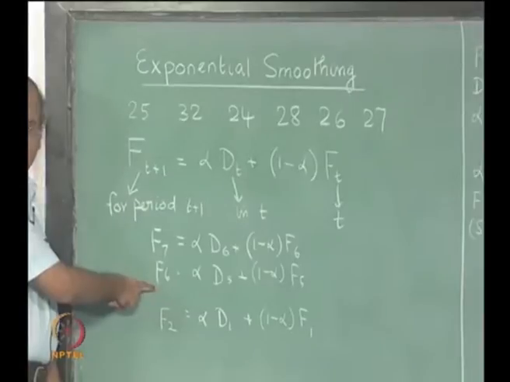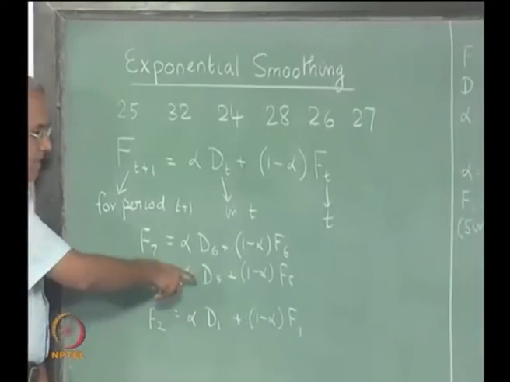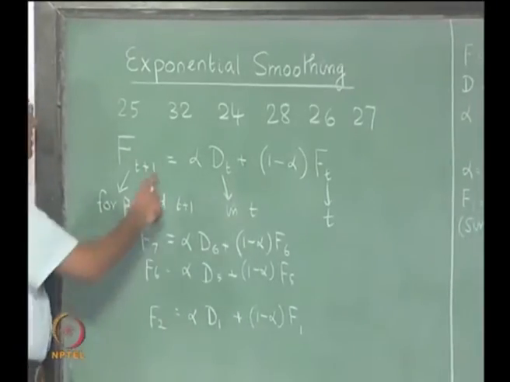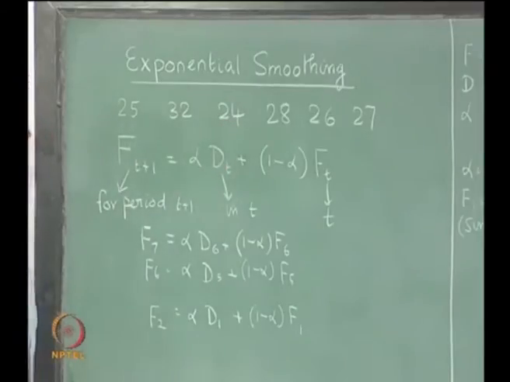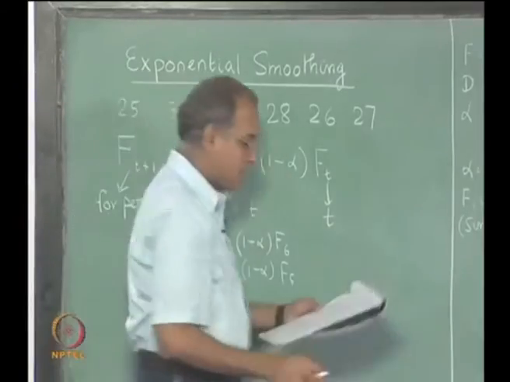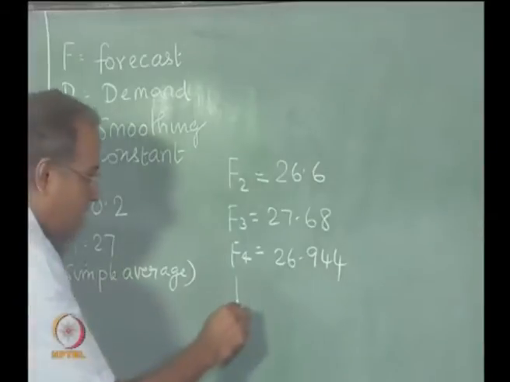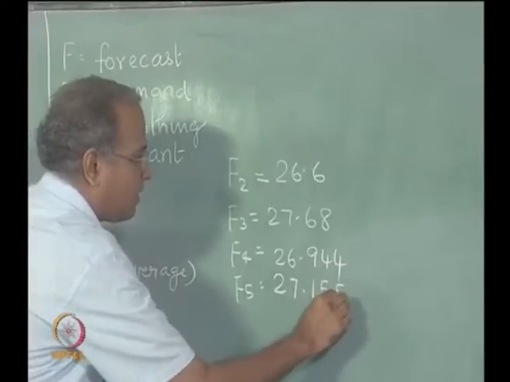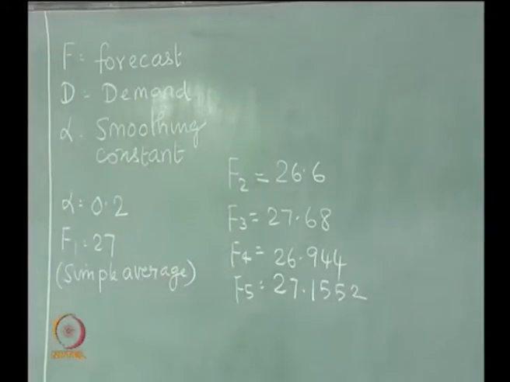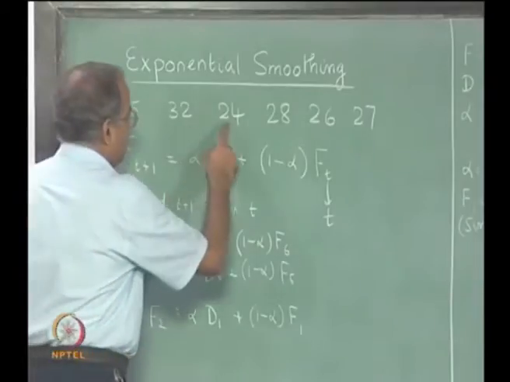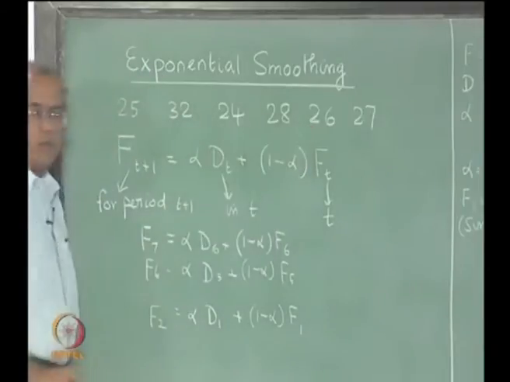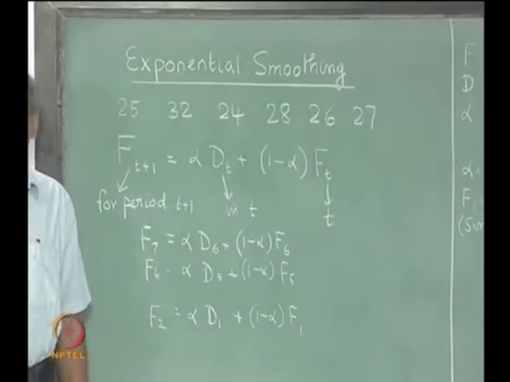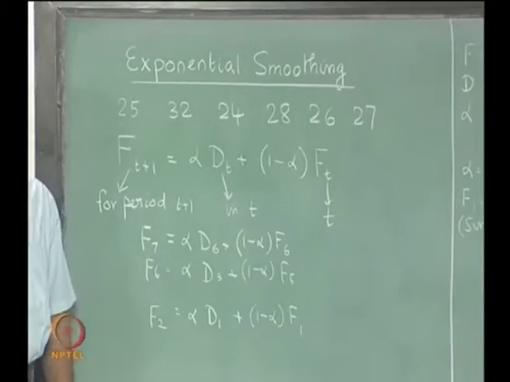F5 is alpha into D4 plus 1 minus alpha into F4. So it is 0.2 into 28 plus 0.8 into 26.944, and F5 will become 27.1552. F6 is 0.2 into D5 plus 1 minus alpha into F5.